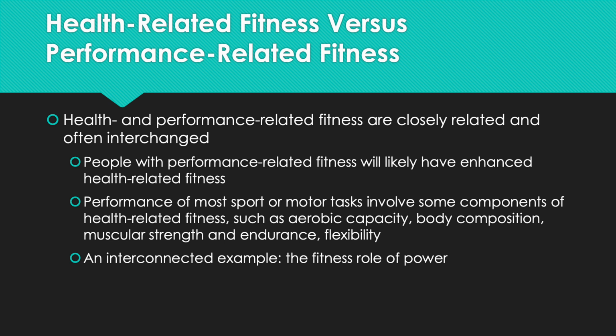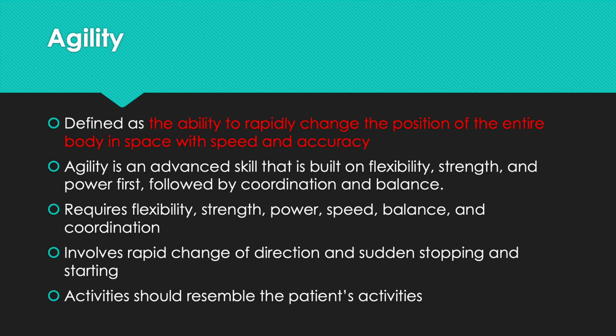What is power? Remember that the equation for power is the amount of work performed in a fixed amount of time. Next, we have agility. Agility is defined as the ability to rapidly change the position of the entire body in space with speed and accuracy.